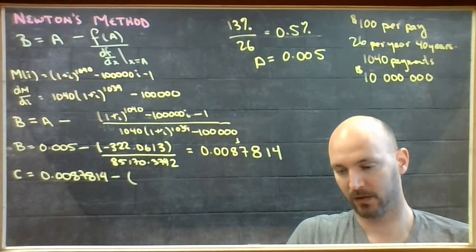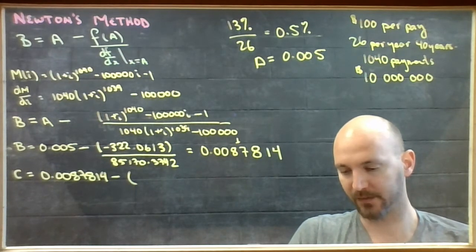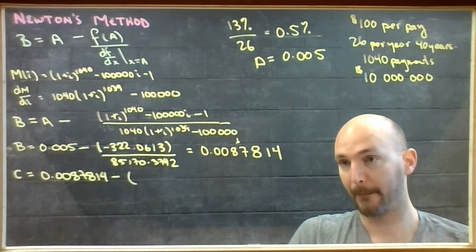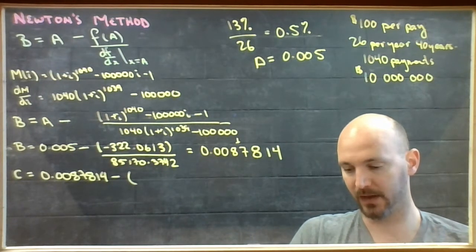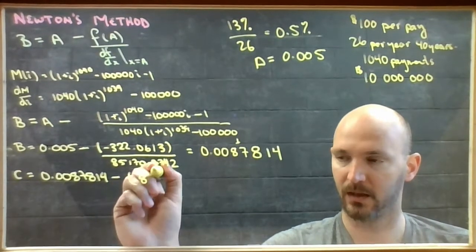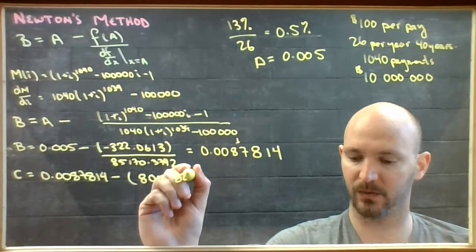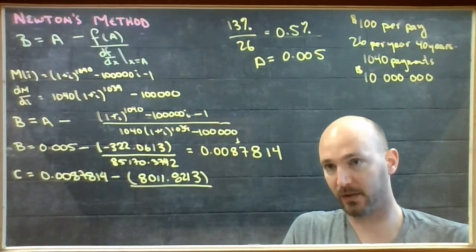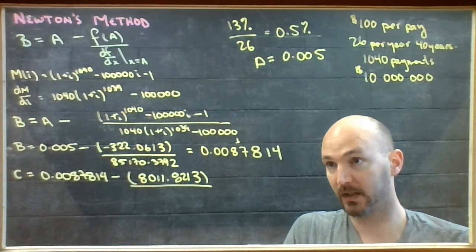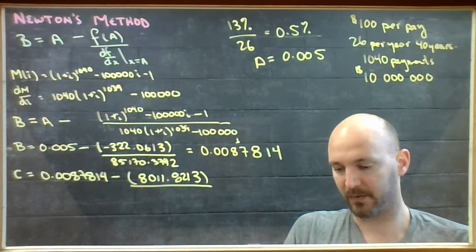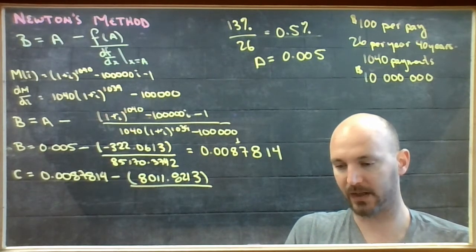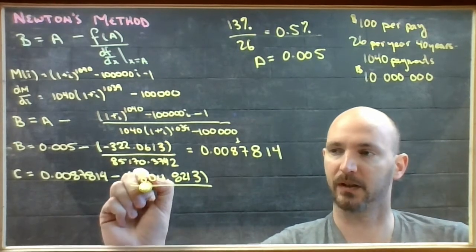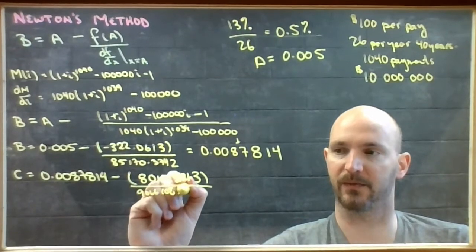1.00878114 to the exponent 1040 minus 100,000 times 0.00878114 equals, subtract 1 gives me 8011.8213 divided by, I'm going to put that into the bottom here, 1.00878814 to the exponent 1039 equals, multiplied by 1040 equals, subtract 100,000 equals 9066108.537.